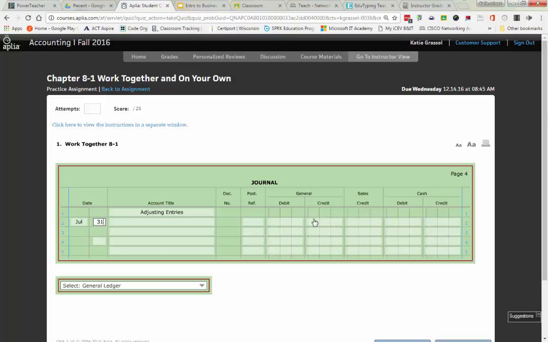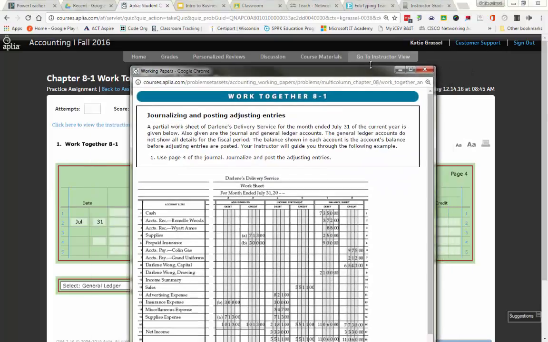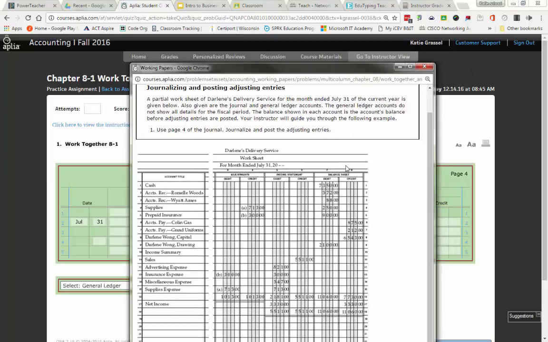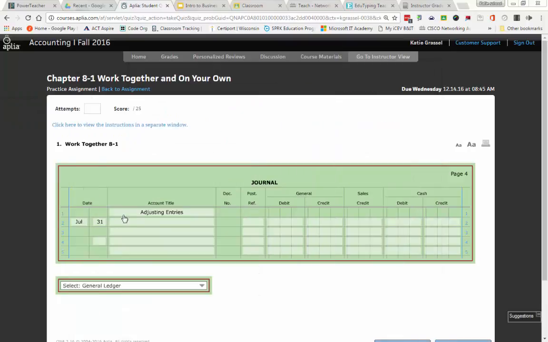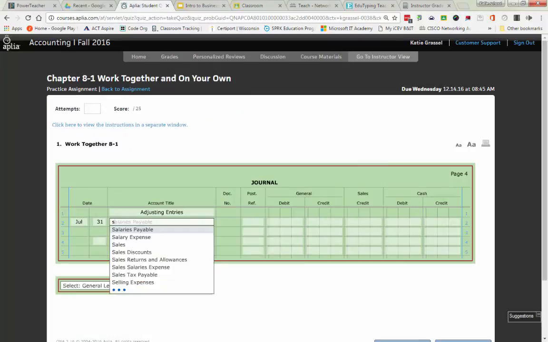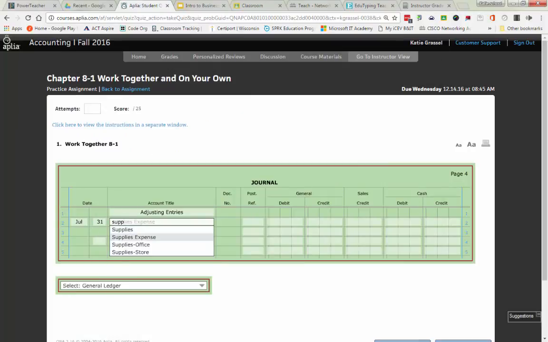So now I look at my worksheet and I say, okay, what account is being debited for A? Supplies expense. For how much? $713. So I'm going to put in here supplies expense, $713.